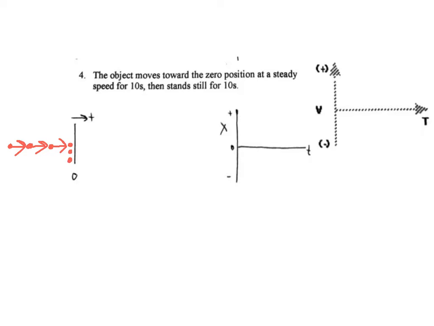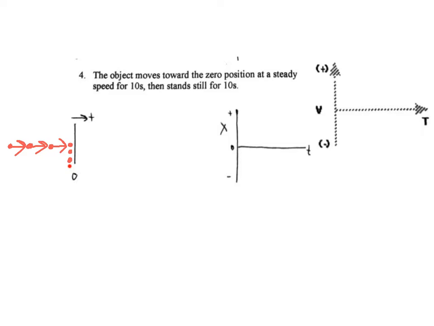I have an object that's moving toward the 0 position. Now, is it a steady speed? Well, what tells us that? First of all, my arrows are the same length. That means steady speed. That's constant speed. Constant length arrows, constant speed.